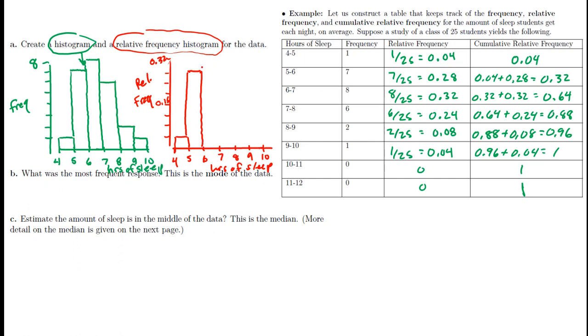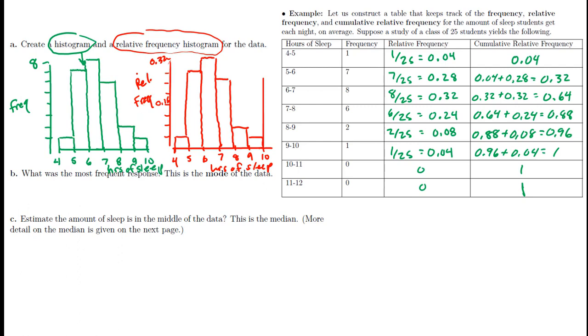And so not surprisingly, as we're constructing this, we can see the exact same shape coming about as for our frequency histogram, right? Same exact shape. It's simply that the y-axis is representing something different.